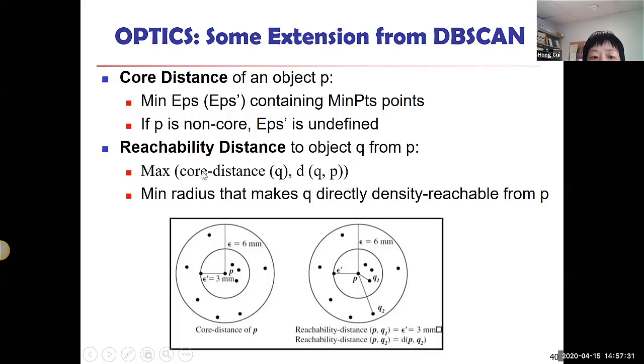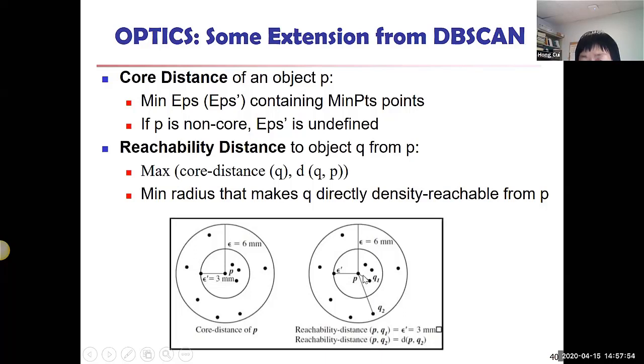It's either the core distance of P or the distance from that point to Q, whichever is larger.